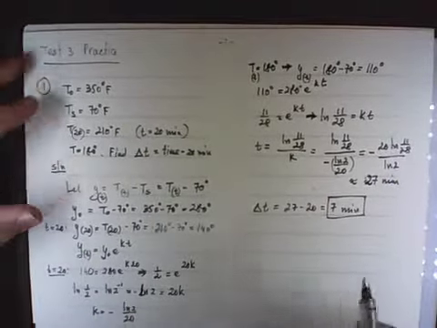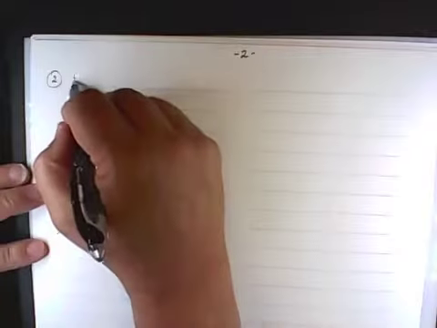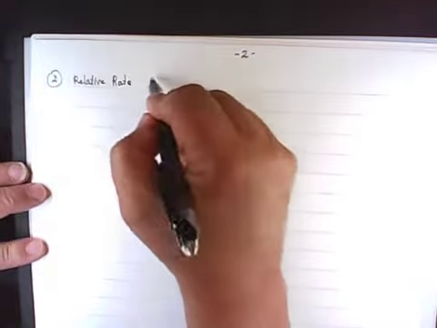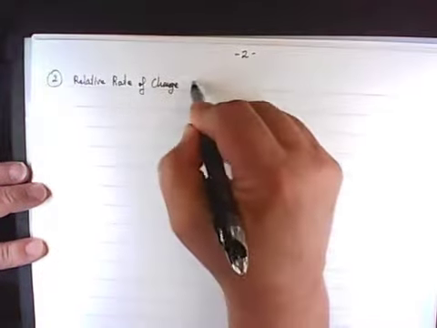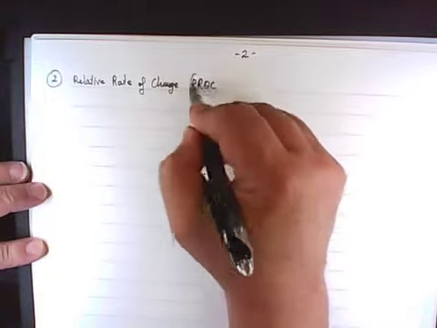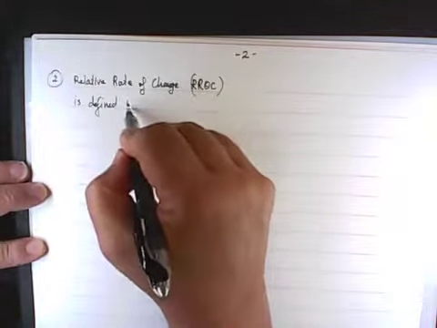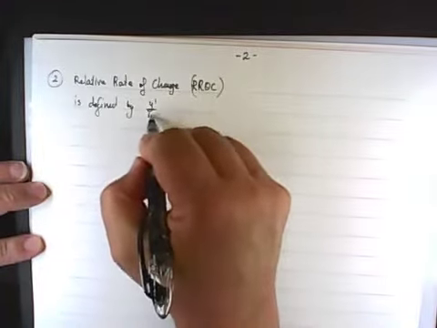Okay, so this relative rate of change, ROC, is defined by f prime divided by f, or y prime divided by y.